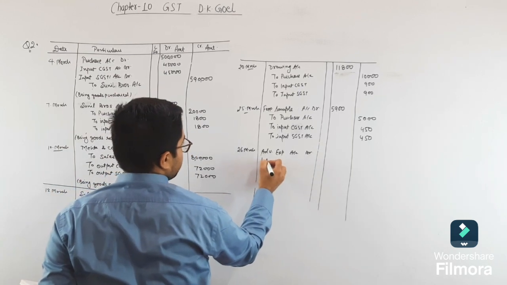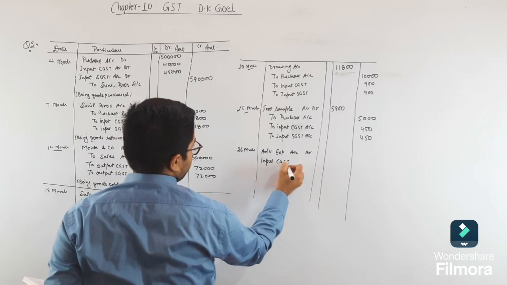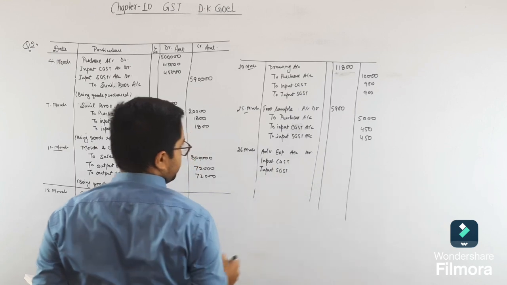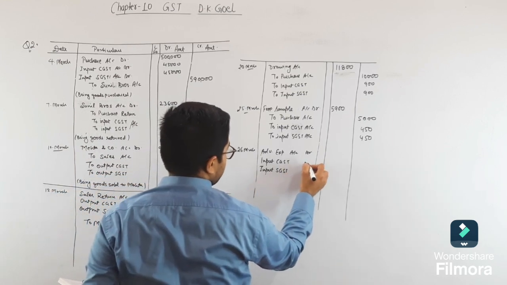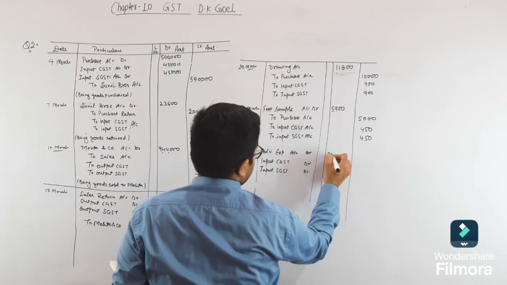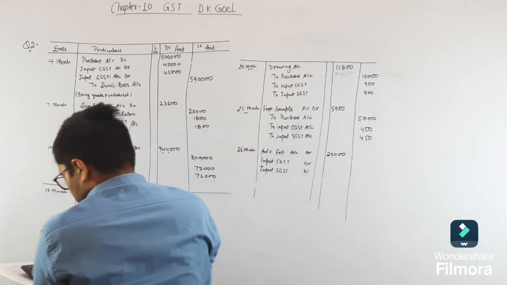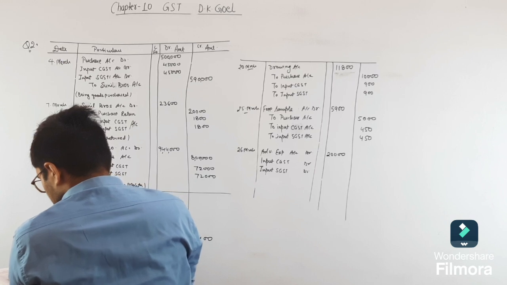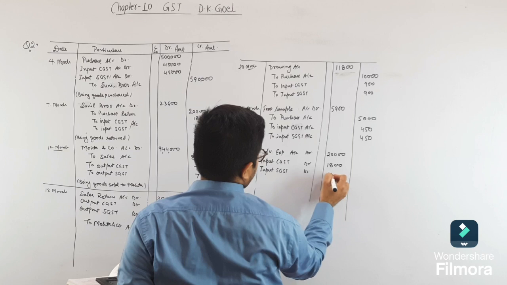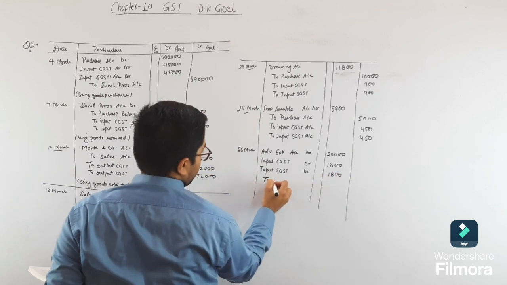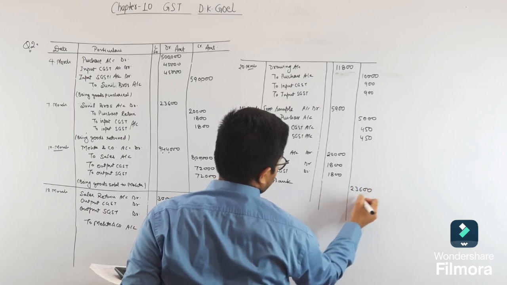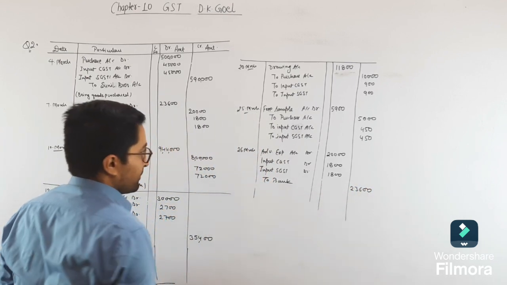Input GST, input CGST, input SGST, of value. Advertisement expense is 20,000, 1,800, to bank 23,600. Now it is clear.